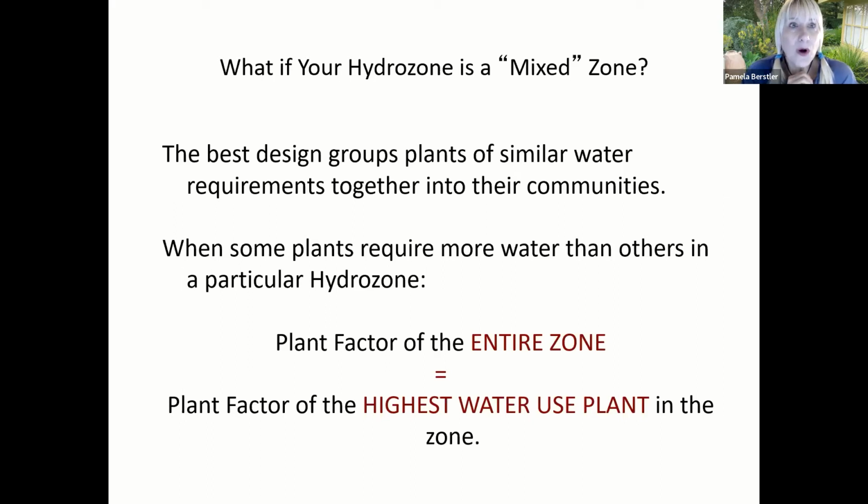And so we want to overestimate the amount of water that a landscape would require, so that we are not in a situation where we don't have enough water, if we're having to make a deal for the amount of water we're getting on the property. So if we have a mixed zone where we have, let's say, moderate water use plants put together with low water use plants, and they're being irrigated by the same irrigation zone, that hydrozone is going to be calculated and viewed as though it's all the higher water requirement.